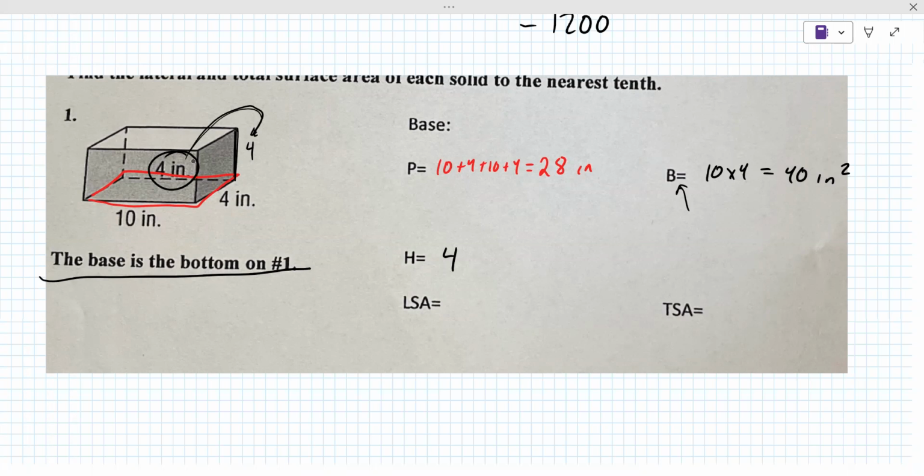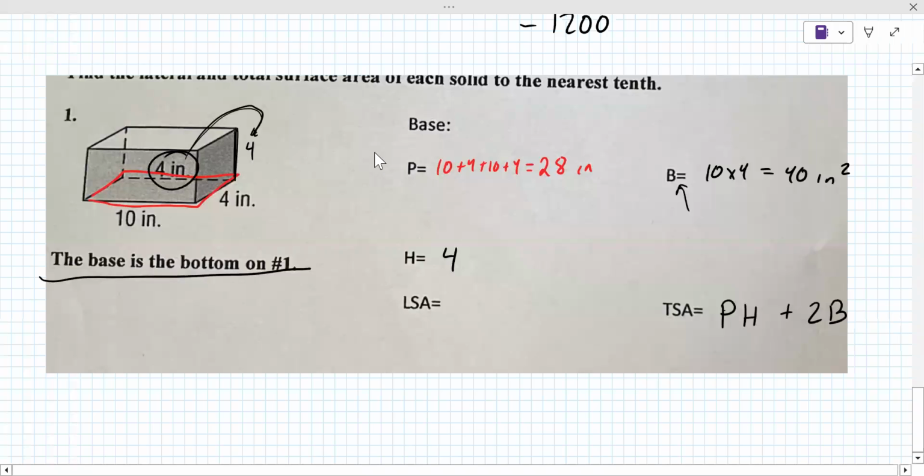All right. Now the total surface area, and they give you a formula for this, which I don't like, but it's the perimeter of the base times the height plus 2 times the area of the base. I find this to be very unclear because how does this even work? But it is true. Perimeter times the height, plus 2 times the base.